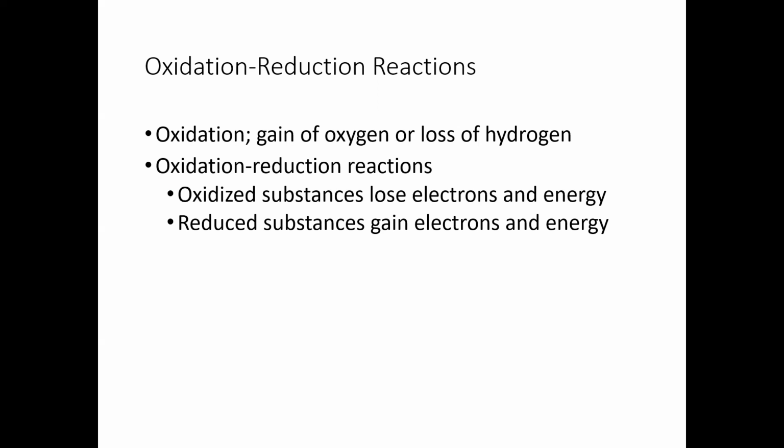The process of oxidation is stripping away electrons and hydrogens. The process of reduction means that every time you strip away an electron, something else has to grab it. Every time you strip away a hydrogen, something else has to grab it. And that something else is usually oxygen. Remember good old oxygen.